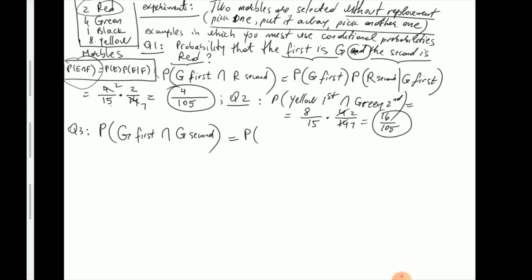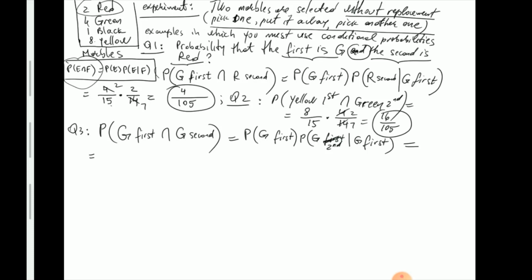So this will be the probability of green first times the probability of green second given that the first one is also green.